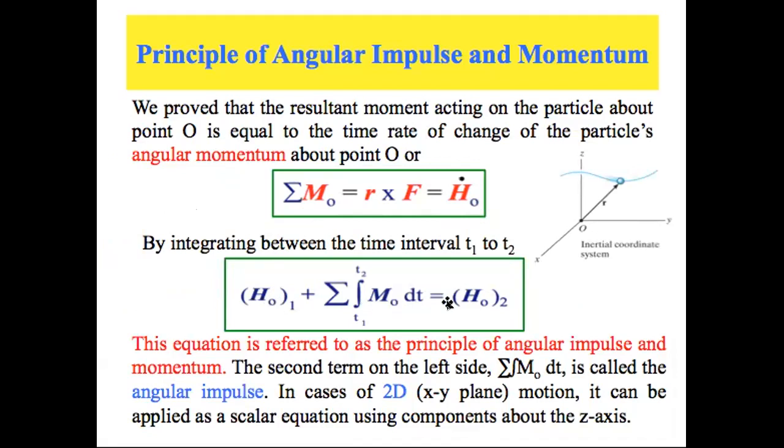The first and the third terms of this equation represent the angular momentum of the system at times t1 and t2, and the middle term represents the angular impulse. In the 2D case, meaning the motion happens in the xy plane, it can be applied as a scalar equation using components about the z-axis.